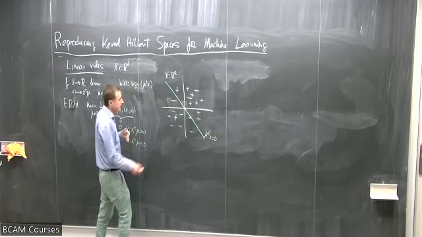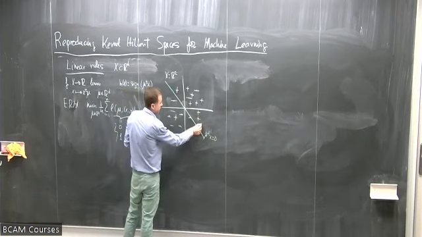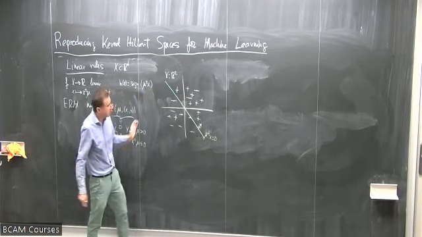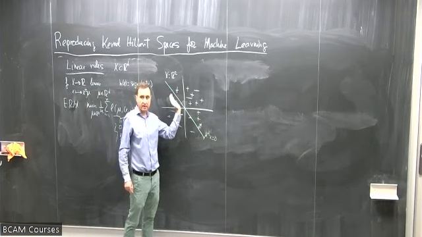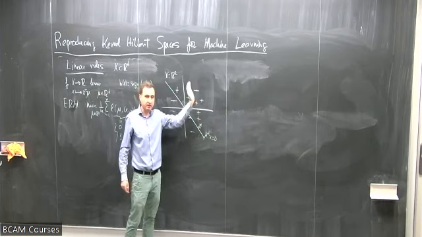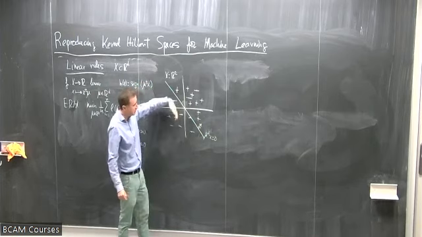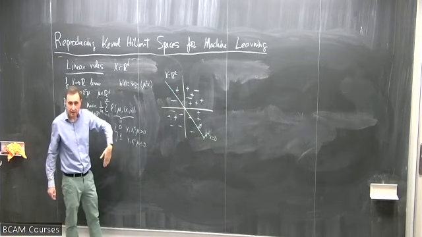Basically, if mu is pointing in that direction, our classification rule will classify all the points above this line as positive and all the points below this line as negative.